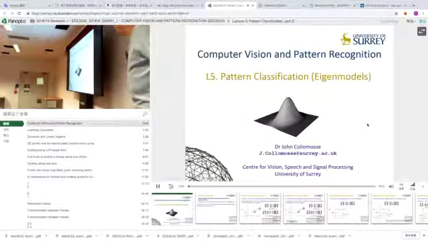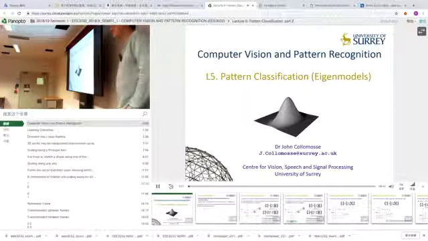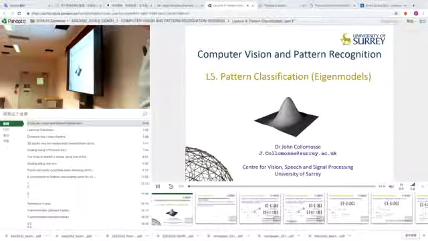So yesterday I introduced to you some of the basic concepts of machine learning and pattern recognition. In particular, we looked at the problem of classification, and we looked at what we call a supervised classifier, where we show the machine examples of how to categorize data into one or more classes.